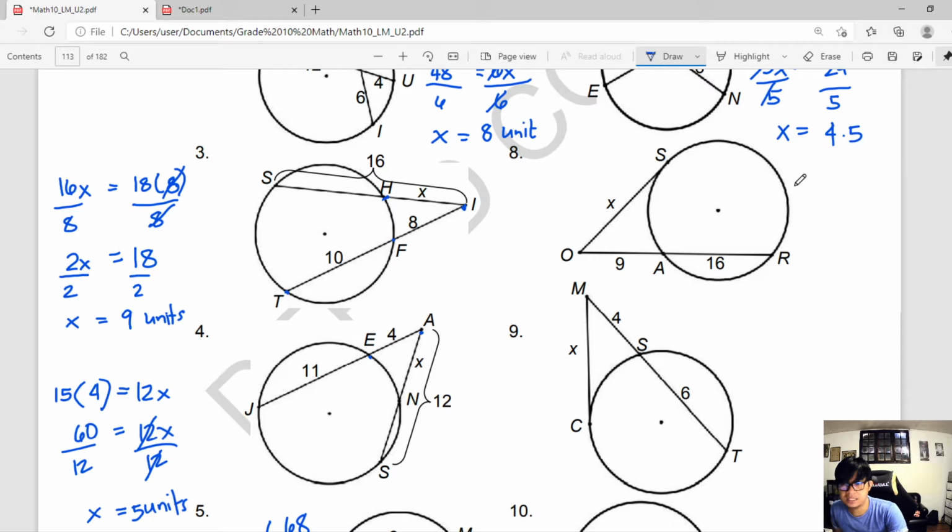So that is x squared is equal to, here, 16 plus 9, that's 25.